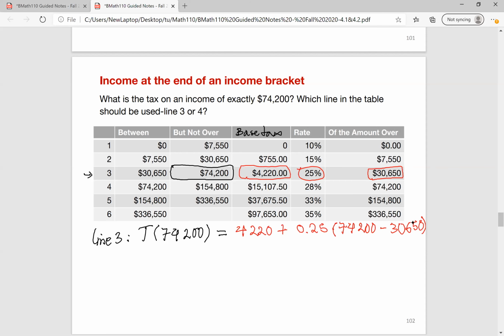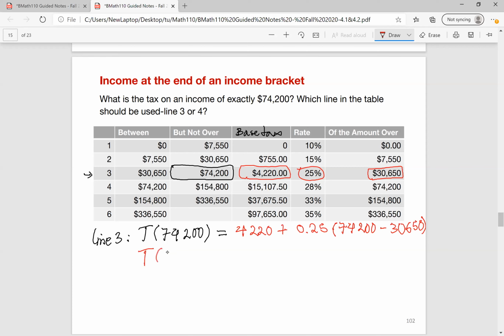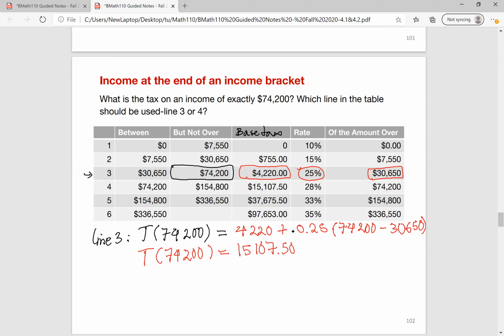Use a calculator and you should have the answer as 15,107.50. Okay, you can check that.